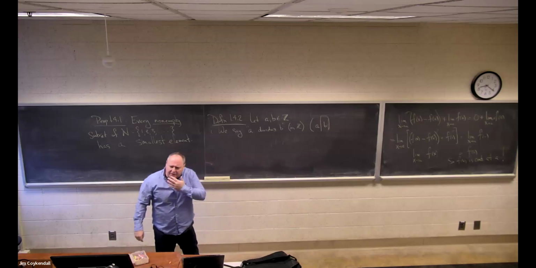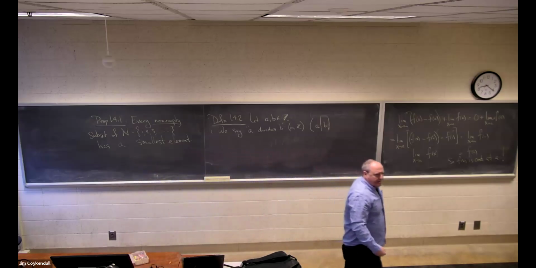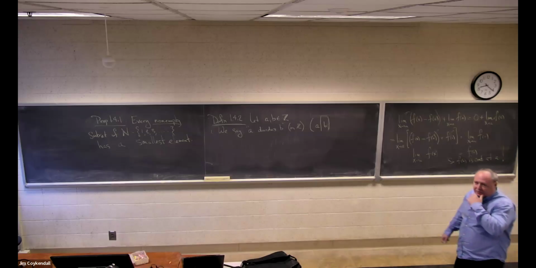By the way, anybody know what an appropriate definition would be? Let me ask you this: in the integers, does 2 divide 6? Yes, 2 divides 6. How about does 2 divide 7? Okay, so what's the difference?